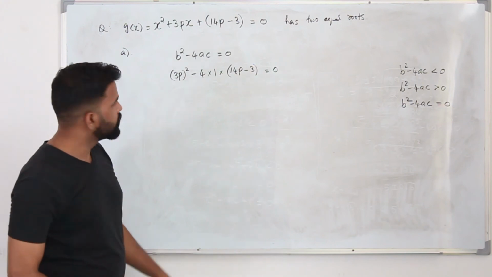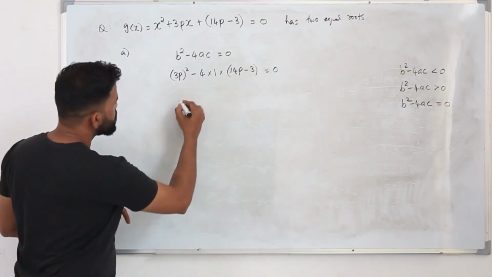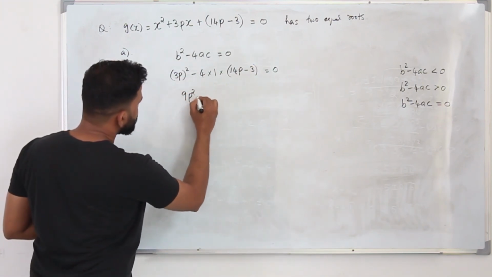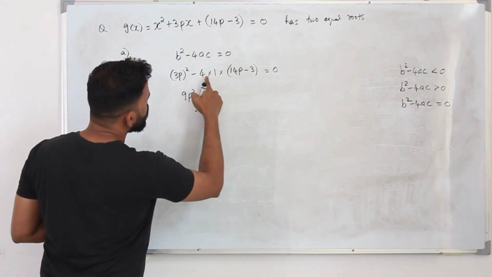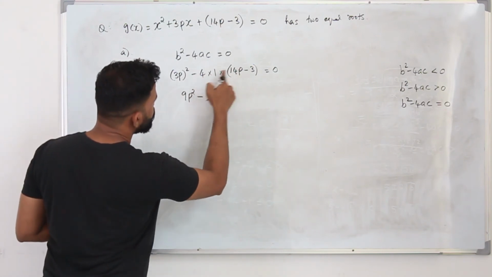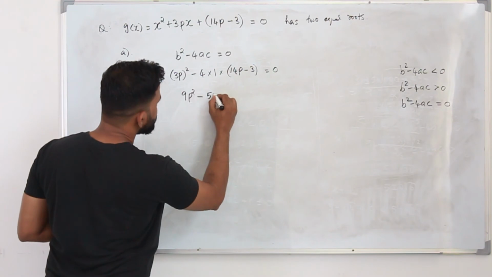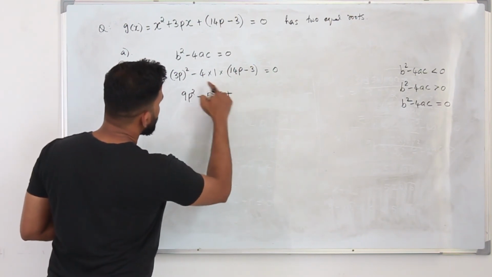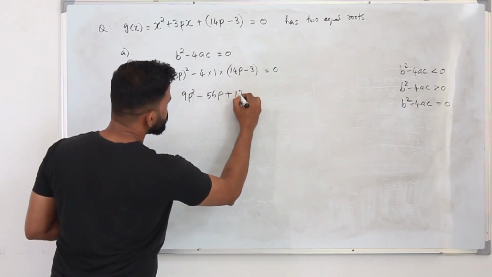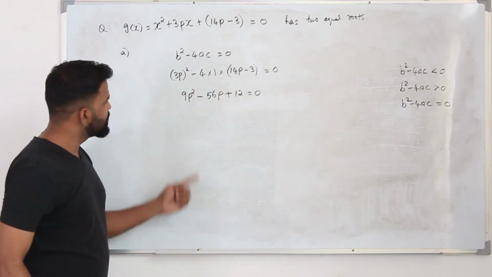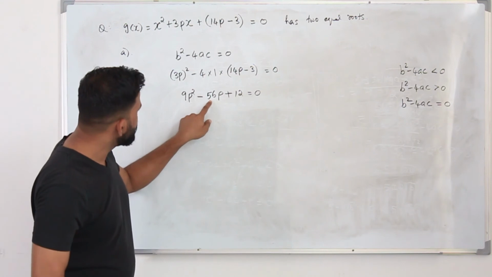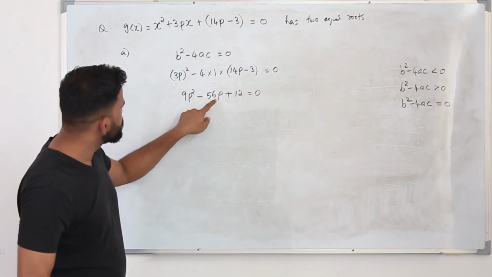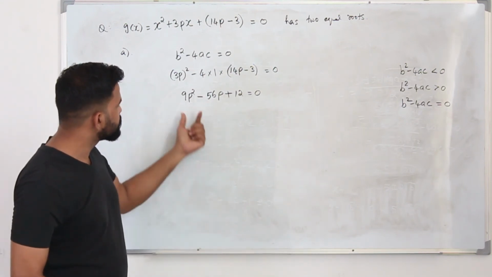Solve this equation. 3p whole square is 9p square, minus 4 times 4, 16p, plus 12, minus 4 into minus 3, plus 12, equals 0. Is there a common factor? I don't think there is a common factor.